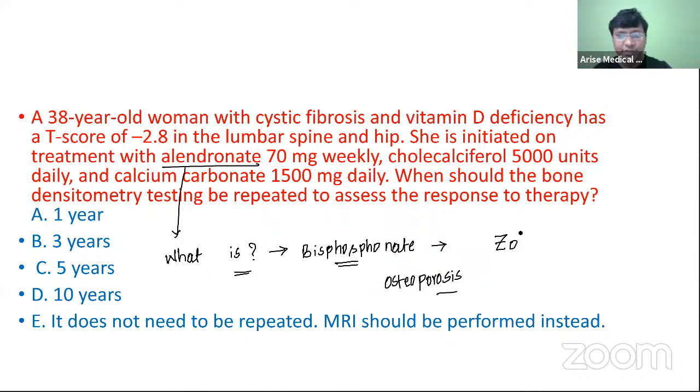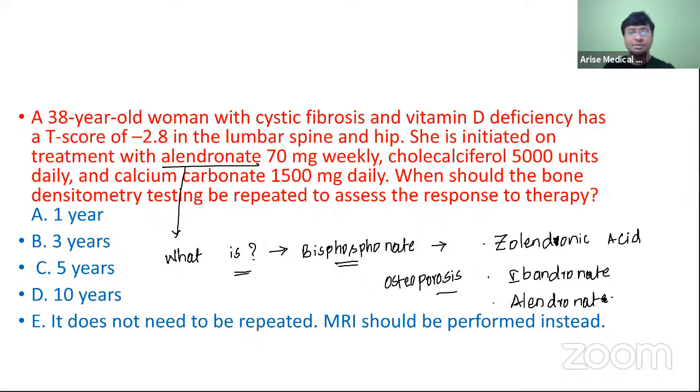We have zoledronic acid, then ibandronate, and then alendronate. So these are your bisphosphonates. Now our patient is on alendronate.